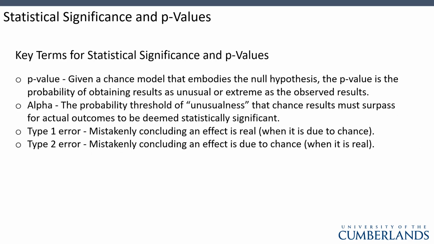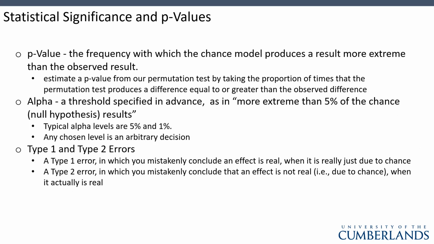These are some key terms for statistical significance and p-value. P-value, alpha, along with type 1 error and type 2 error. P-value is the frequency with which the chance model produces a result more extreme than the observed result.